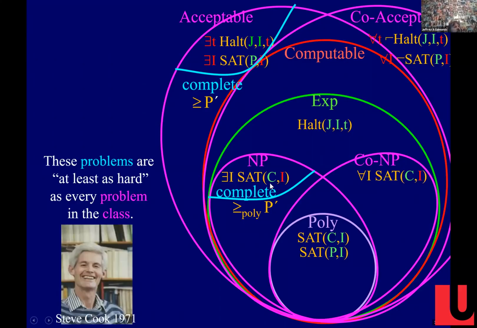Because the entire world can plug your assignment into the circuit and say, yes, this assignment satisfies the circuit, right? But if I have this circuit out there and I don't have an assignment, then I don't know how to know whether it's satisfiable without trying them all, right? Any questions about the class?